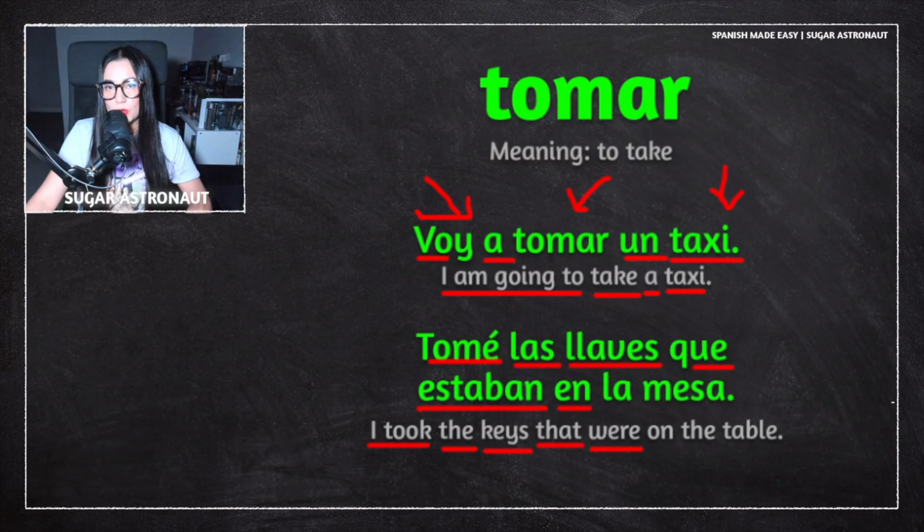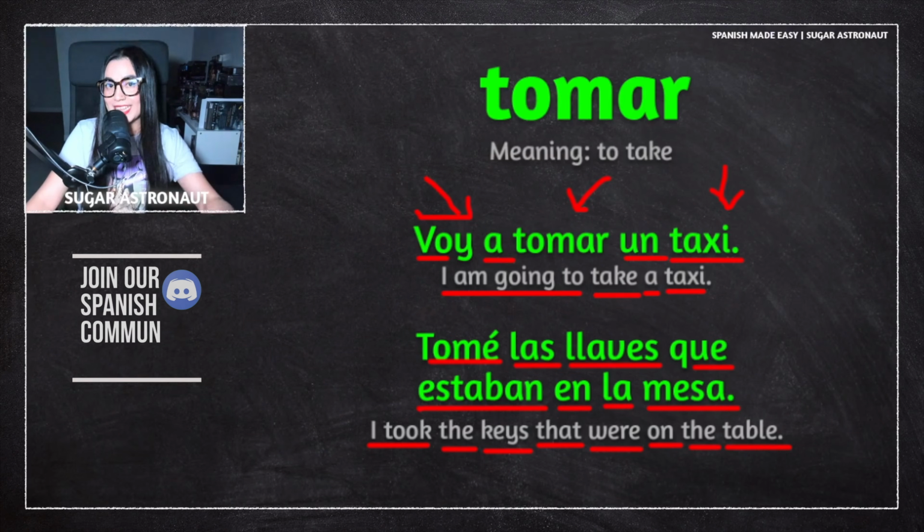It can mean on, in, and at. It depends on the situation. In this situation, it means on. La, the, feminine article, la. The mesa. Mesa means table. Tomé las llaves que estaban en la mesa. I took the keys that were on the table.